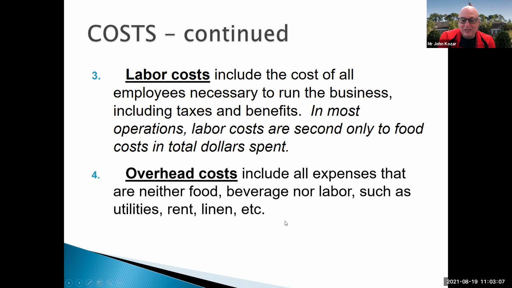This is going to be everything else that you have to pay in order to run your business. Could be for your utilities or gas, natural gas, water, electricity, your rent, or if you're paying a mortgage, everything else that you have to pay for that's not food, beverage, and labor.